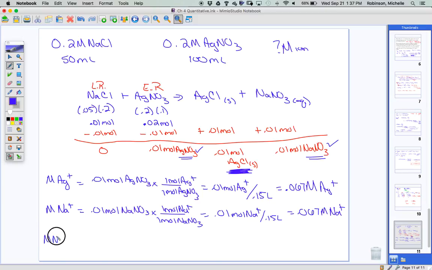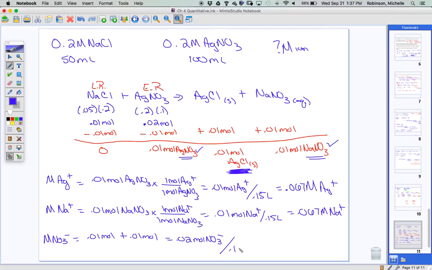Okay, so the molarity of the NO3 minus, we have 0.01 moles from the AgNO3, and we have 0.01 moles from the NaNO3, right? So we have a total of 0.02 moles of NO3 minus.